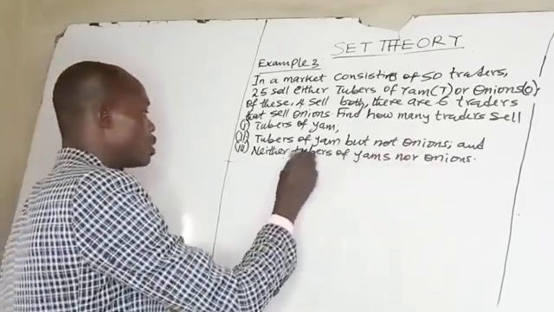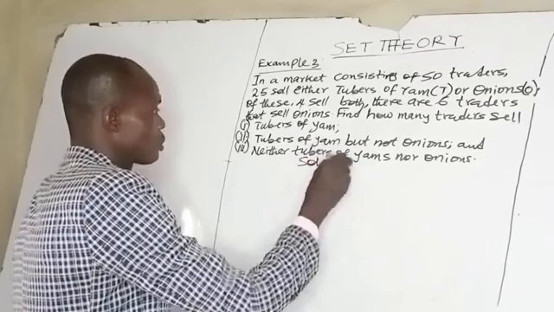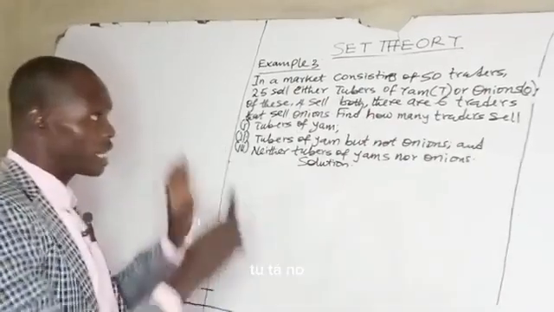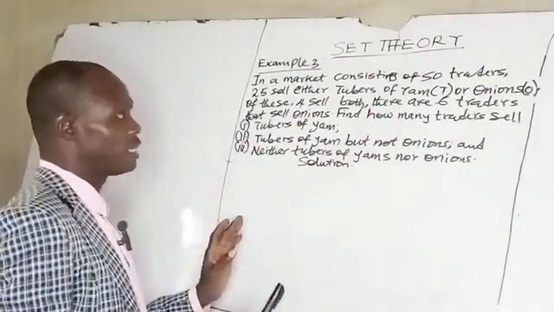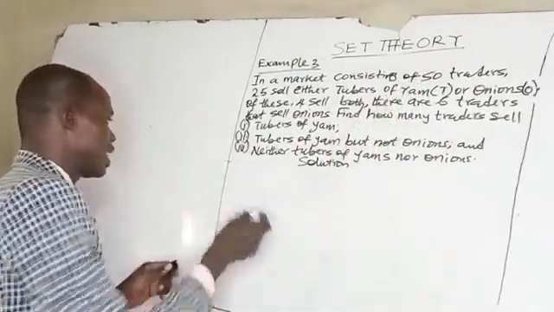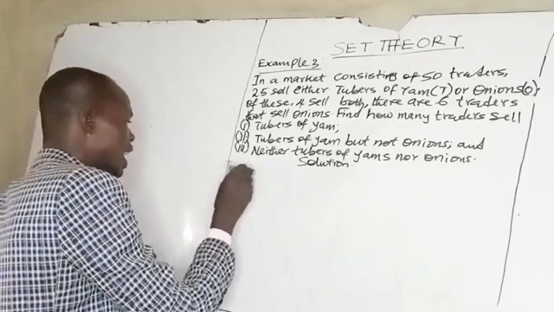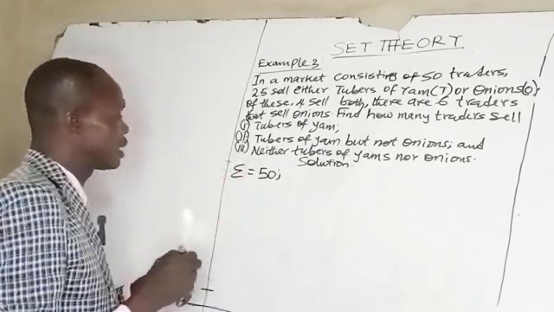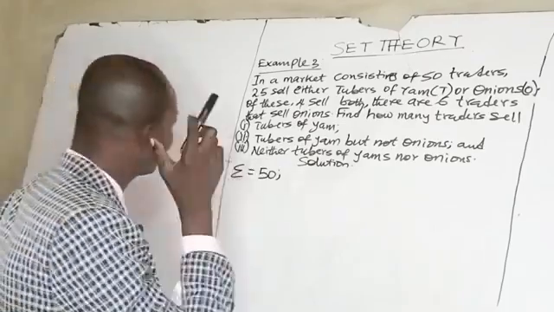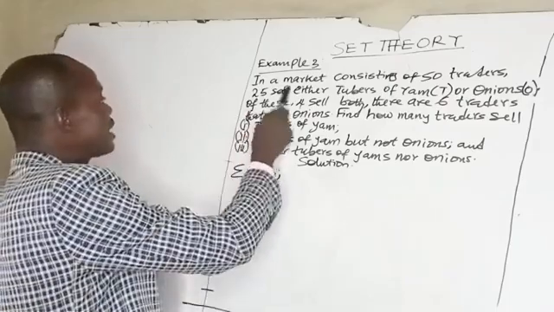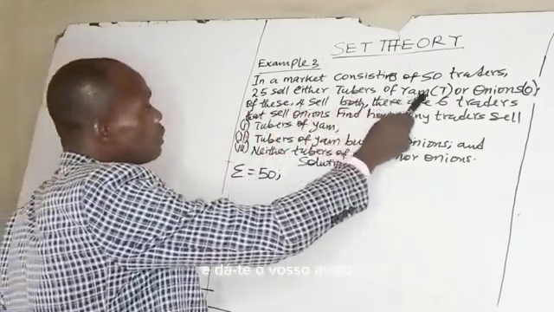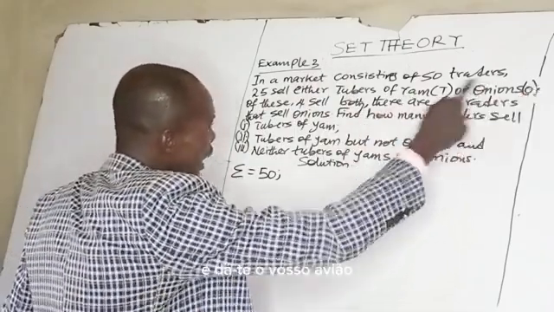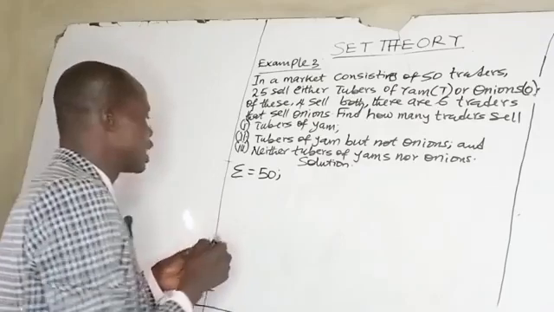Now let's have the solution to the question. In a market consisting of 50 traders, the total number of traders in that market is 50. That 50 represents the universal set. You may write your universal set like this or letter U. So the universal set is 50. 25 sell either tubers of yam or onions, either T or O. That is the union of the two sets.